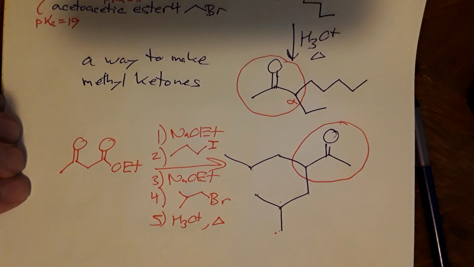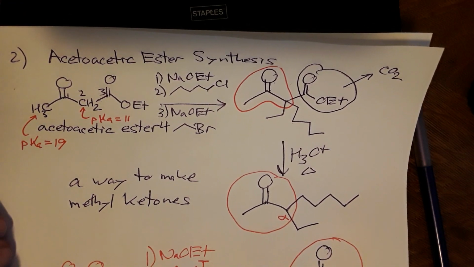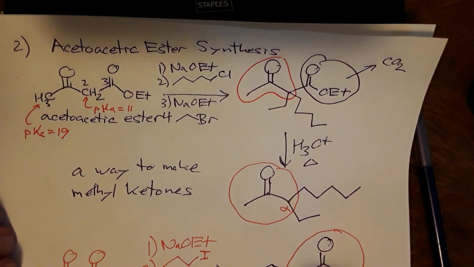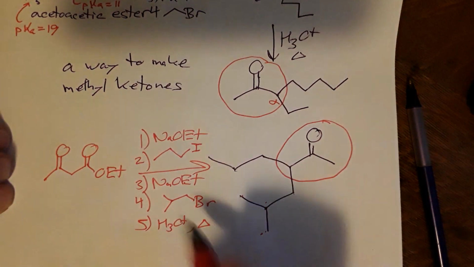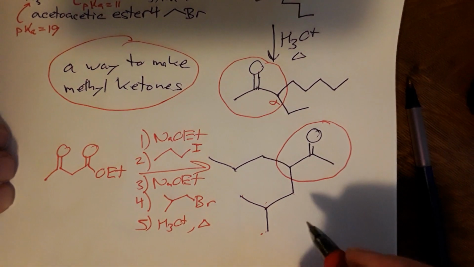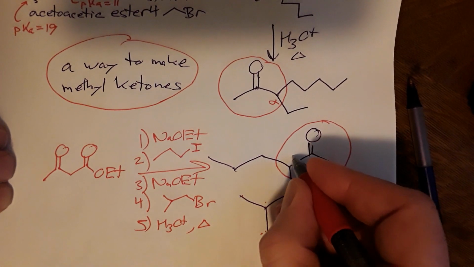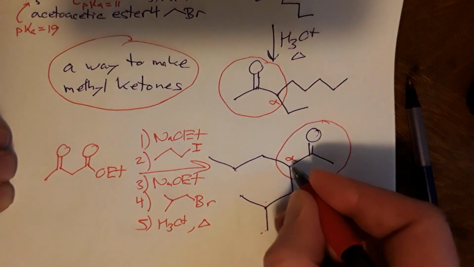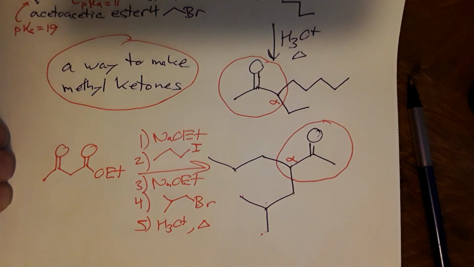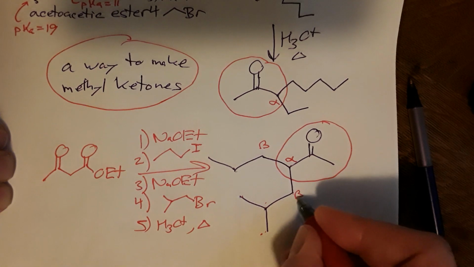So this is the second method of alpha alkylation. And this method is always going to give you a methyl ketone as a product. And so anytime you want to make a methyl ketone, if there's branching or there's no branching on the alpha position, as long as there's no branching on the beta positions, right?